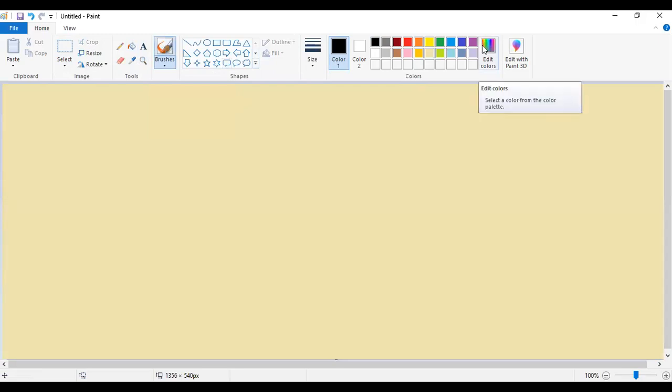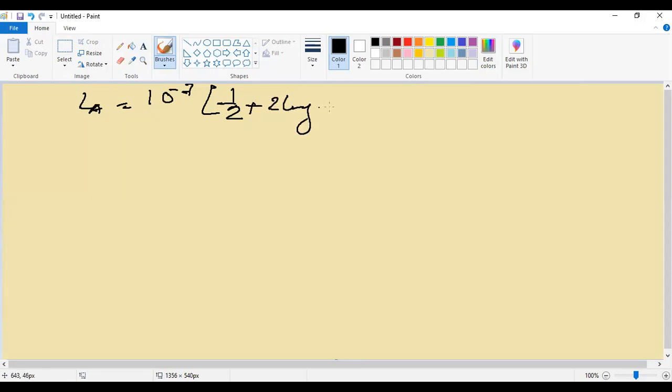Okay. So what is LA? It is 10 to the power minus 7 times 1 by 2, 2 log square root of, and this term you have to remember, then j 1.732 log base e.